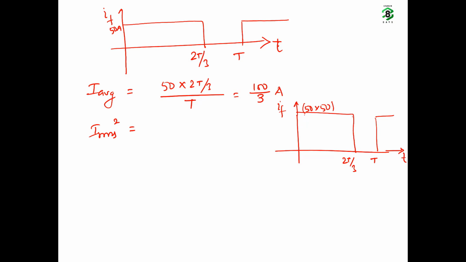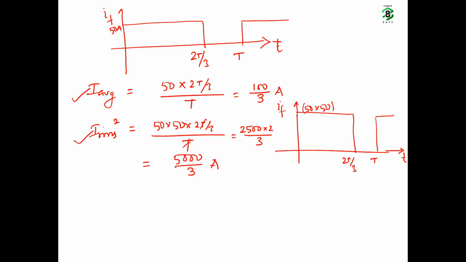So the area is 50 into 50 into 2T by 3. Total time period is T only. So we get 2500 into 2 by 3, or 5000 by 3. So we have calculated I average as well as IRMS whole square.